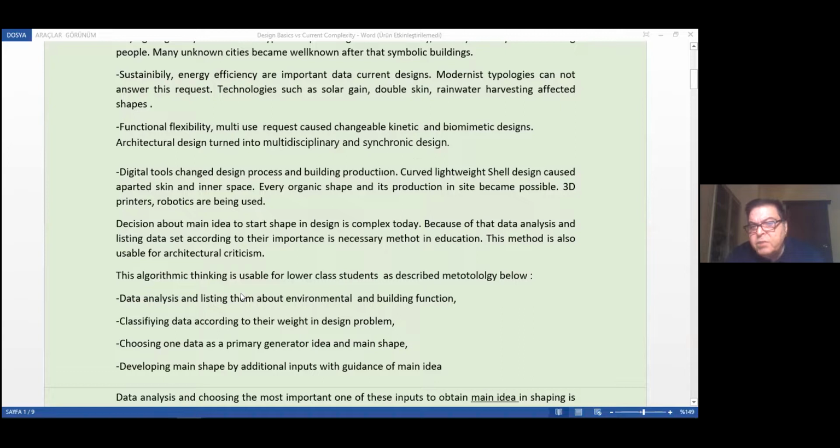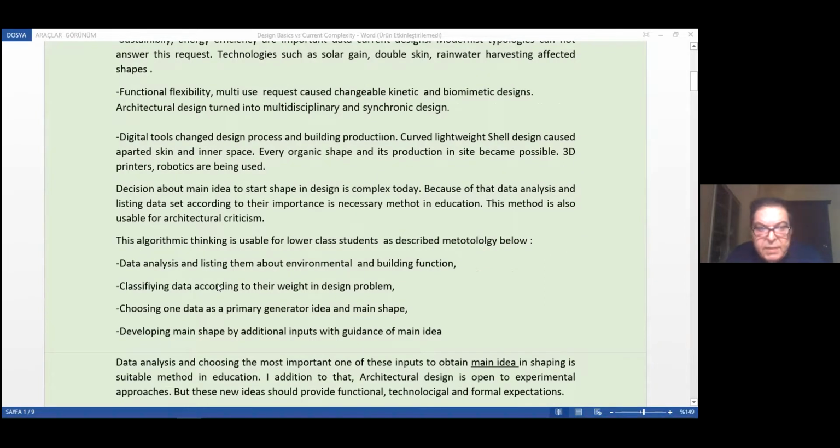Curved, lightweight shell design caused separated skin and inner space. Every organic shape and its production became possible. 3D printers and robotics are being used. Decision about the main idea to start shape in design is complex today.